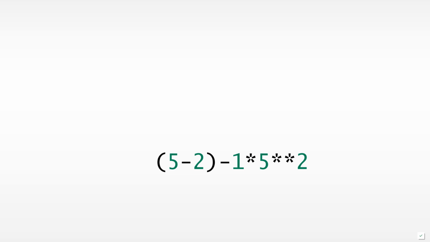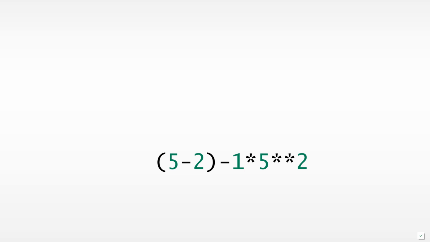As you can see, we are using quite a few operators, and the order in which they are evaluated can greatly affect the final result. For example, it makes a very big difference whether exponentiation is done before multiplication, or whether multiplication is done before subtraction, or the other way around.